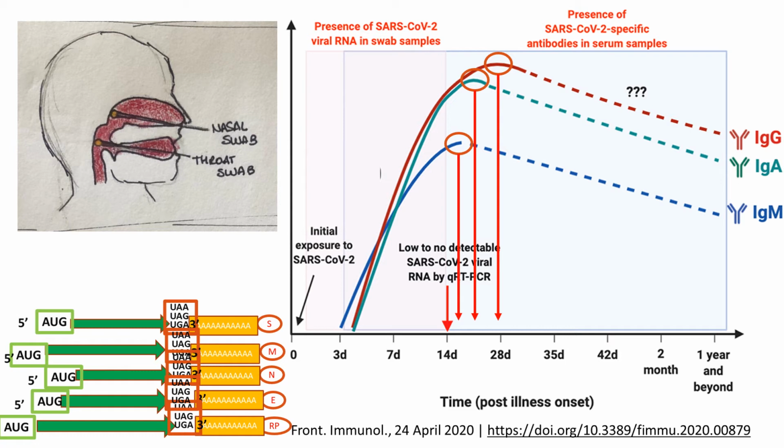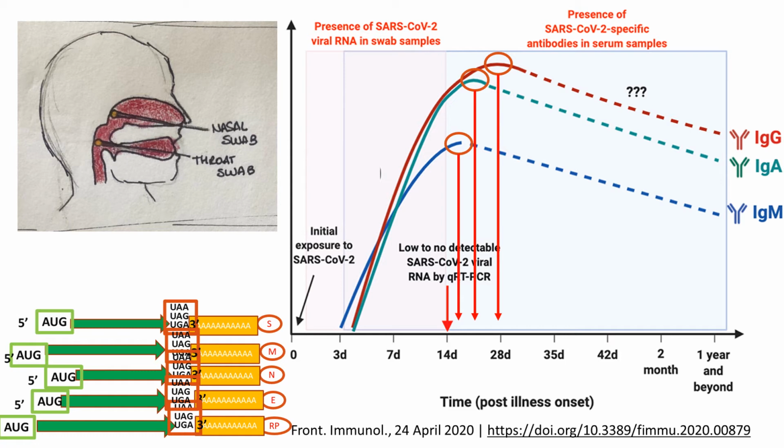So all three classes of antibody could be present in the same individual. They start being IgM, then IgA, then IgG. What the class tells us is basically a kind of maturing of the immune response.